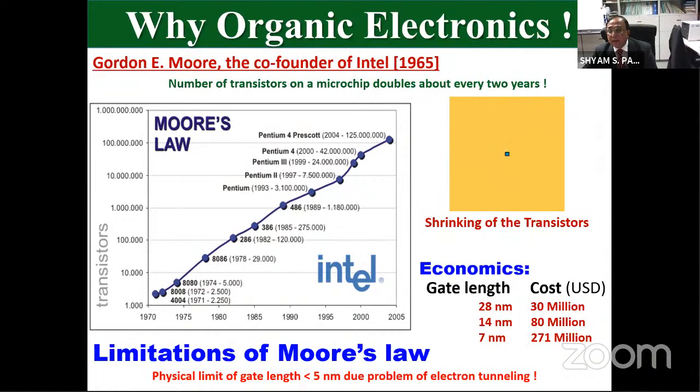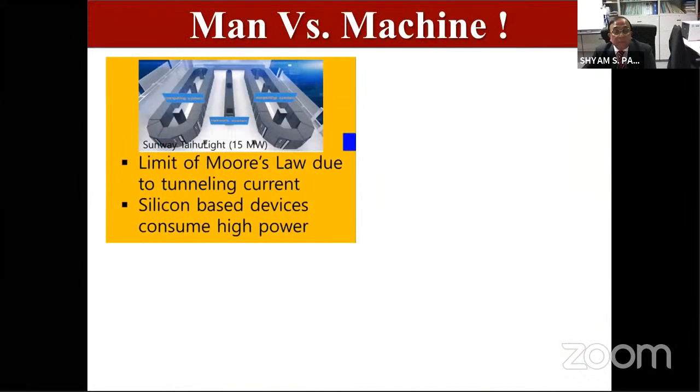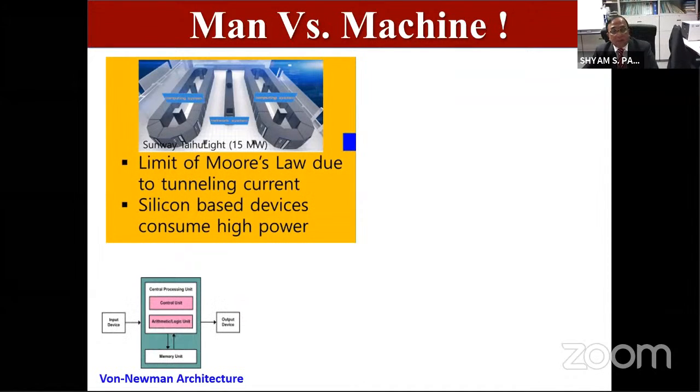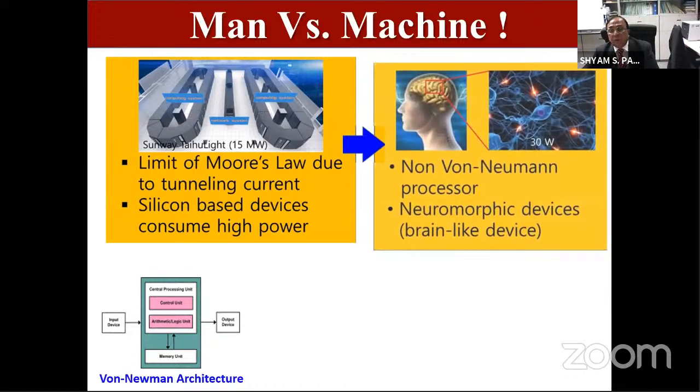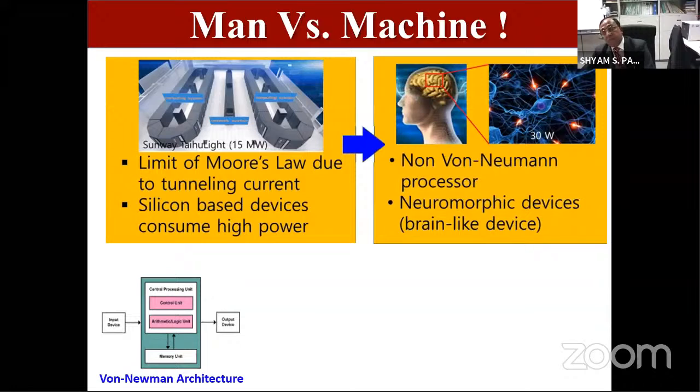With that, what have we achieved so far? We developed the supercomputer, which normally works on the common von Neumann architecture, where the CPU unit and memory unit are separated and interlinked. This is quite different if we compare with the brain.